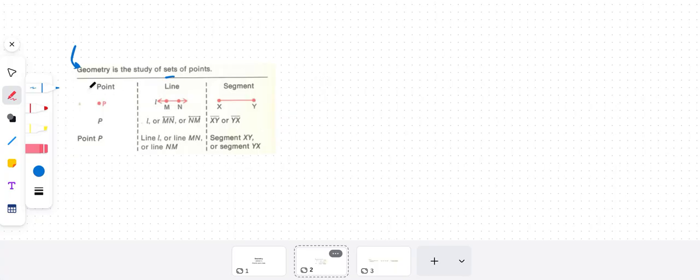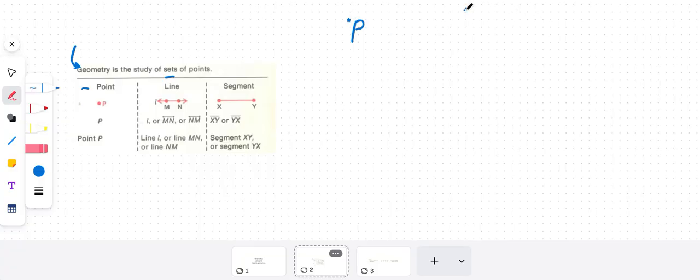So let's start off first with a point. A point, a lot of times we think of a point as a dot. A dot is not a point, but a dot represents a point. A point is one location. We usually label a point with a capital letter. We're going to use a P just like it does in the illustration. So a point can be labeled with a capital letter.